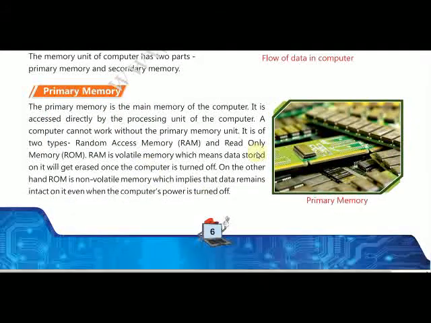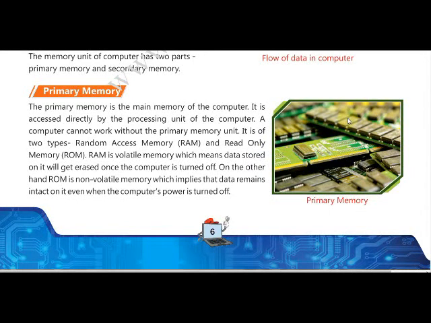You can see here a small picture of a primary memory, and actually it is a chip. Generally it is located on the motherboard. Let's see now what primary memory is. As I said, primary memory is called the working memory or main memory of a computer. That means the speed of the computer depends on this primary memory.